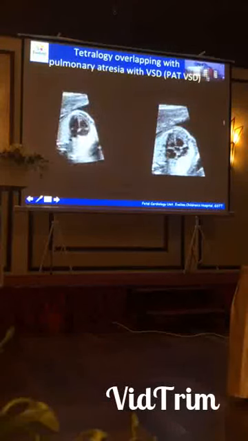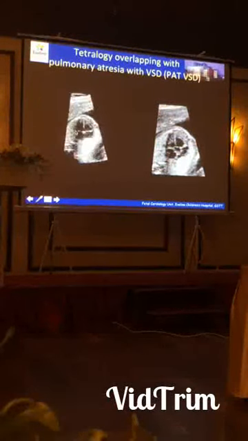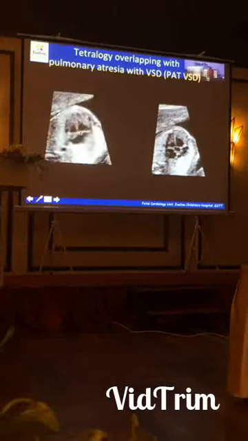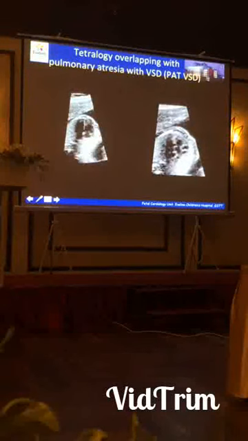So at the better end of the spectrum here, four-chamber view virtually normal. As we're coming up, we see a ventricular septal defect in there. We can see the aortic override, VSD, aortic override.